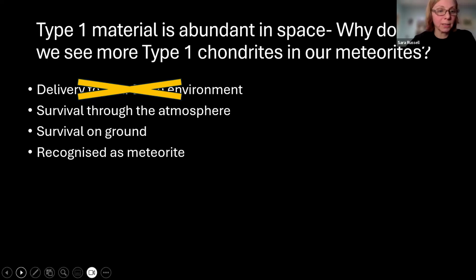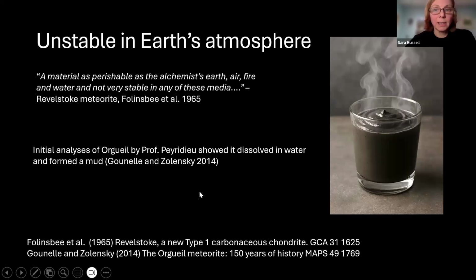And I'll just finish with two little stories about this. Firstly, they don't survive very well on Earth. And I love this quote from Follansbee, who described the Revelstoke meteorite fall. He says, it's a material as perishable as the alchemist's earth, air, fire, and water, and not very stable in any of these media, which I think is very poetic.